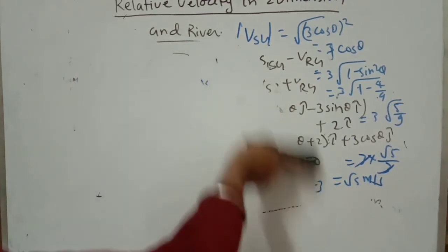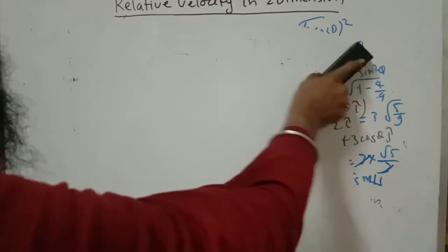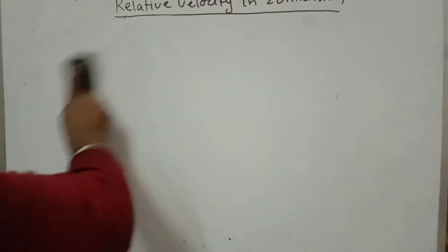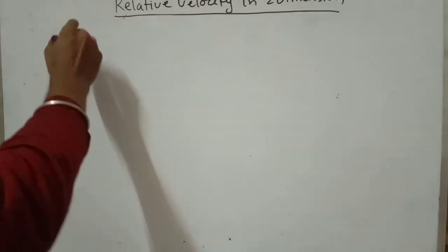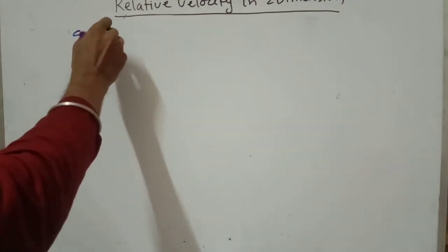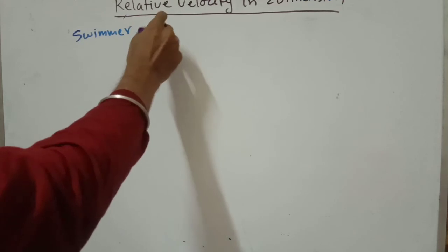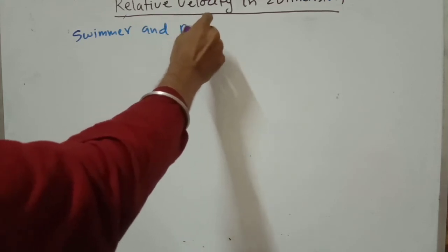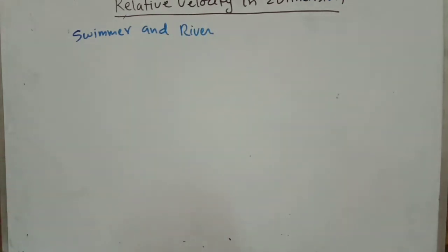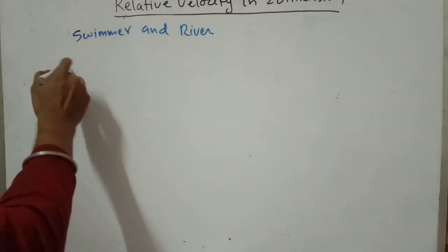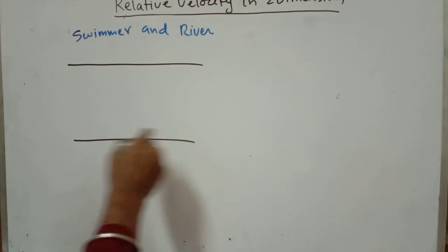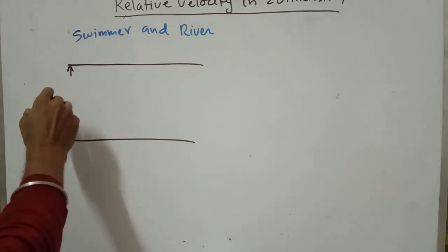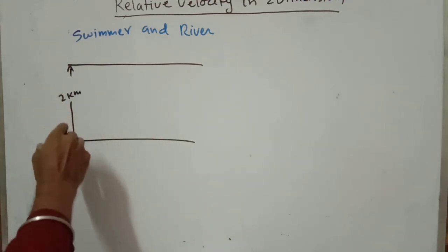So the next question. We consider a streamer and a river, the river having a length of 2 kilometer.